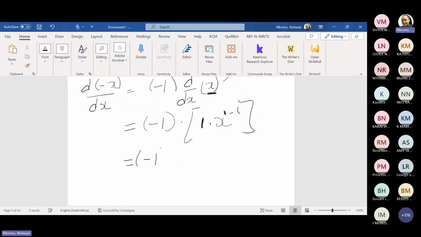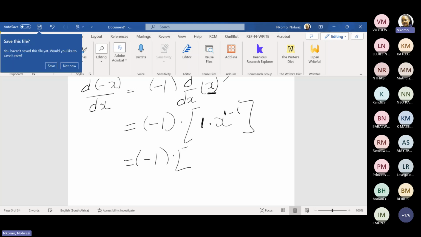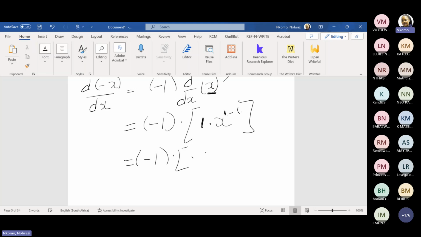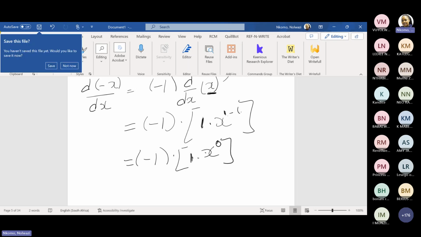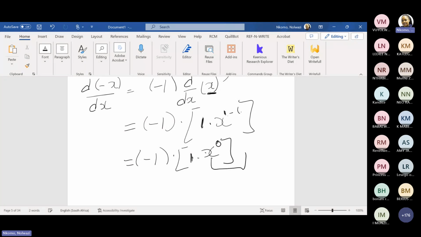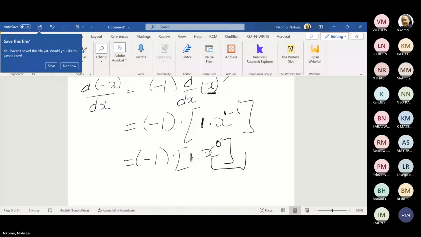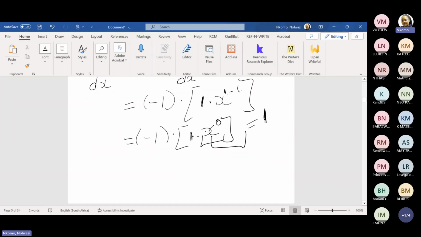You'll have minus 1 times 1 times x to the power 1 minus 1, which is x to the power 0. Then we go back to grade 8 again. We are using grade 8 rules today, power rules. Any number, besides 0, raised to the power 0 is equal to 1. So instead of writing x to the power 0, we can substitute that with 1.